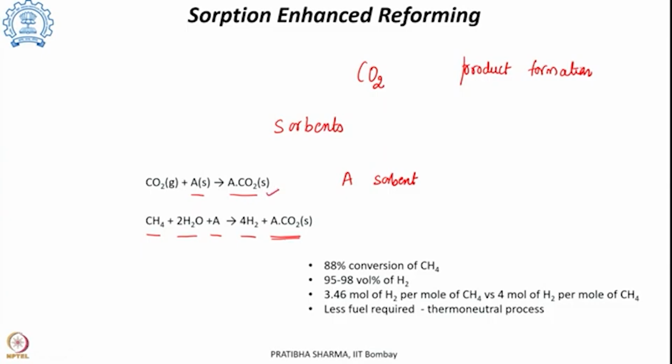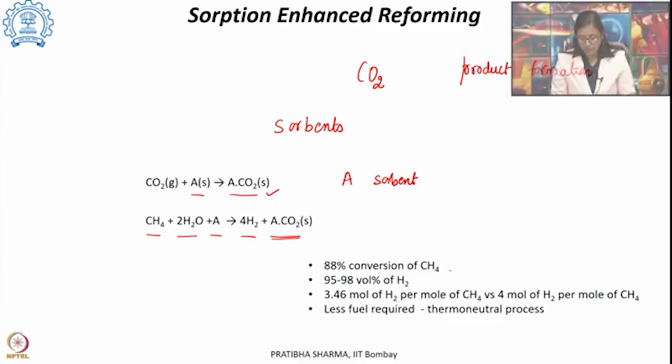With this process, a higher conversion of methane is obtained. Like with this process, 88% conversion of methane could be achieved. At the same time, the hydrogen obtained in the process is about 95 to 98 volume percent.